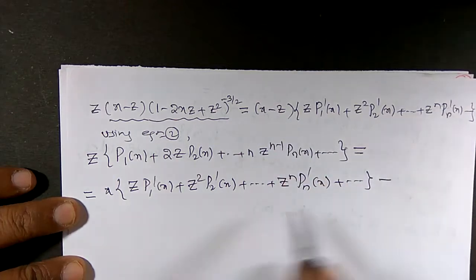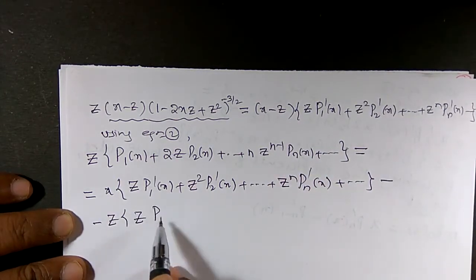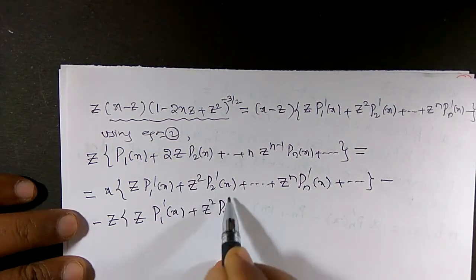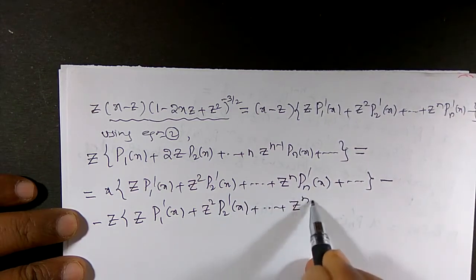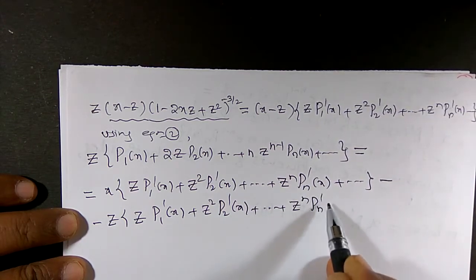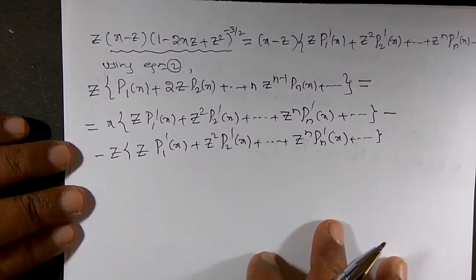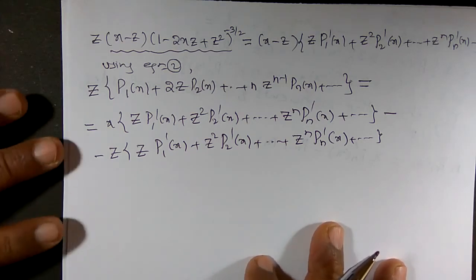Minus z into all these terms: z into P1'(x), z square P2'(x) plus so on, z raised to n Pn'(x) plus so on. Now I want to equate the coefficients of z to the power n.